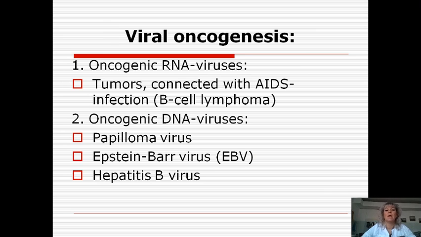What about viral genetic theory and viral oncogenesis? Some viruses can lead to some cancers and tumors. For example, oncogenic RNA viruses: tumors connected with AIDS infection can lead to B-cell malignant lymphoma in the lymph nodes.